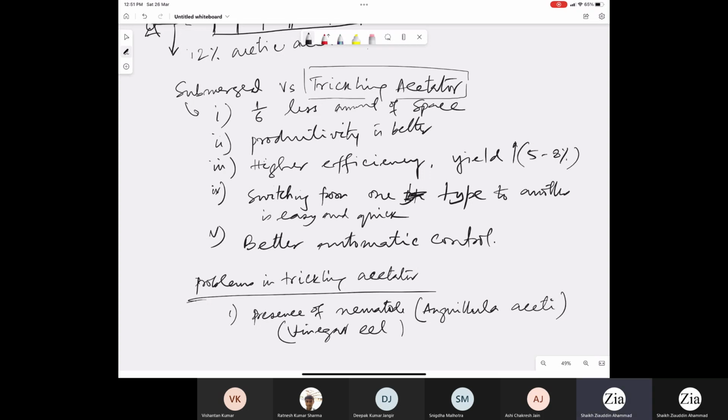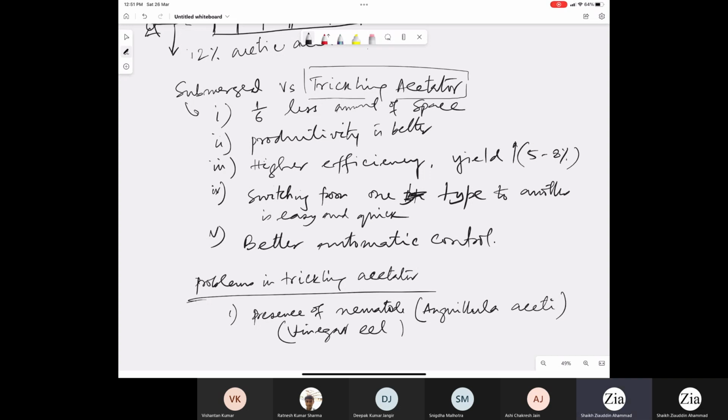Different insects will also try to grow because it is an open system. On the top, even if you have a cover, as we are not maintaining too much sterility in the reactor system, through the vent different insects can also get into the bed, and they can create problems with the production process and reduce the quality of the vinegar.